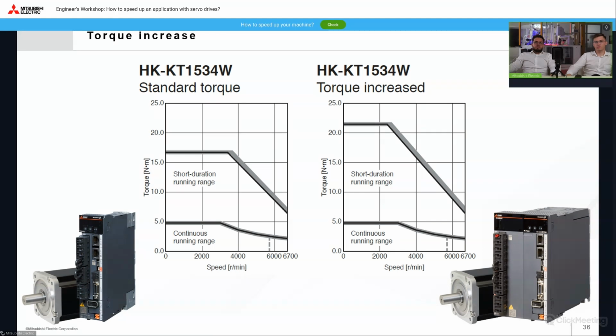This function allows you to take advantage of the higher current overload capacity of the motor, and when connected to the higher power amplifier, the maximum torque of the motor is significantly increased in the lower speed range. For comparison, the characteristic curve on the left side is the normal curve of the motor, and on the right side you can see it with the torque increase, where you can see what I mentioned.